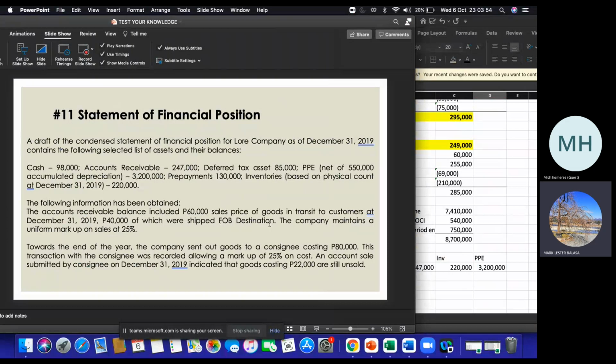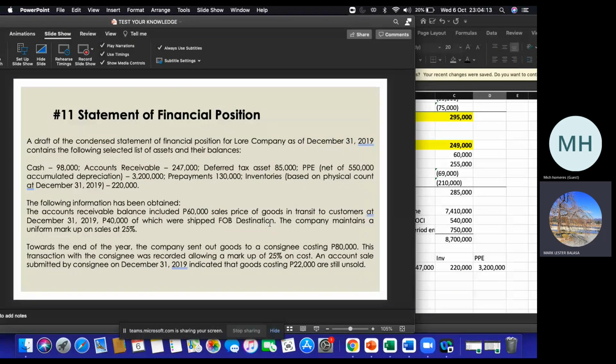Sa atin na ba yung sale yan? Goods as sale ba yan? Hindi pa. Hindi FOB destination.